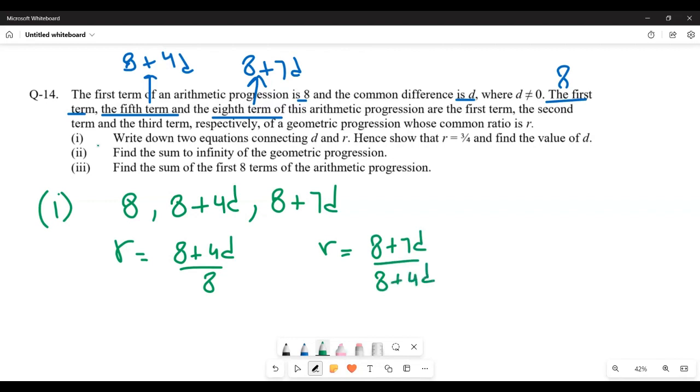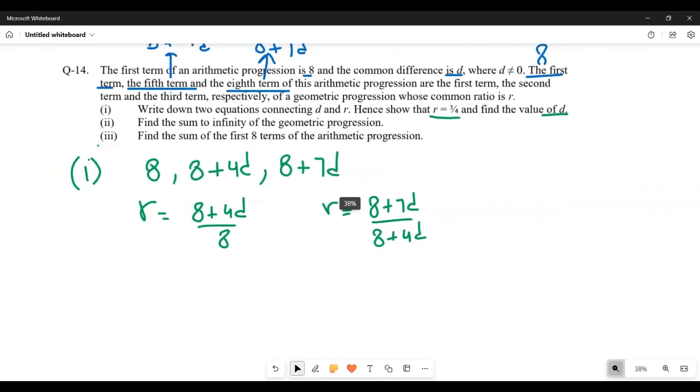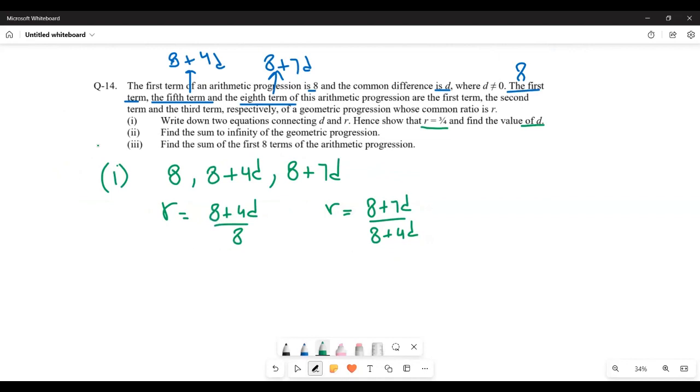All right. We're going to form two equations that have both R and D and then solve them. R should come out as 3/4, and you found the value of D yourself. So let's simplify these. We have 8R equals 8 plus 4D. I'm going to simplify this as well, dividing both sides by 4. So I'm getting 2R equals 2 plus D, equation 1.